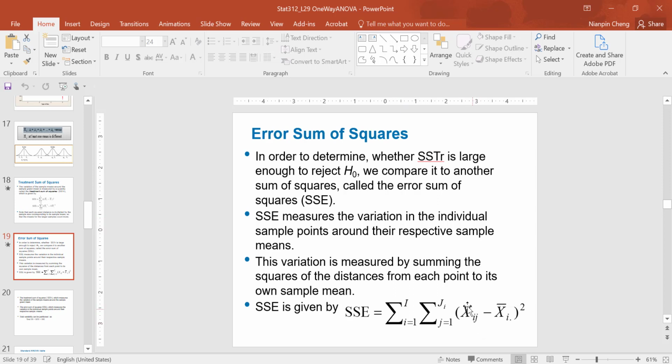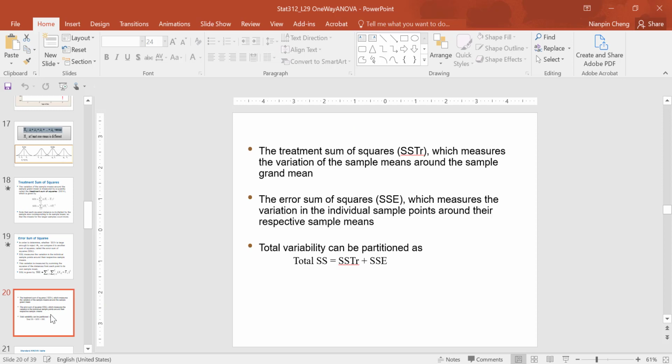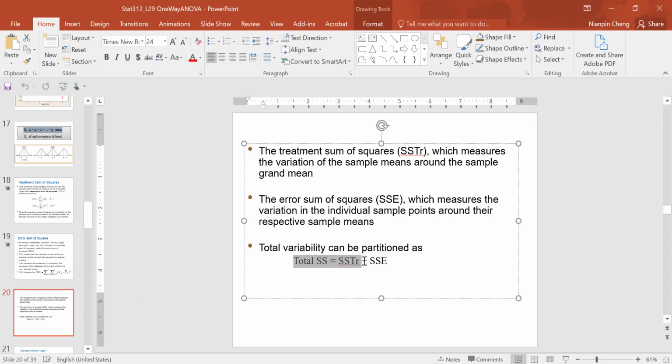The error part is each individual value compared with its own treatment mean. Add together, that's the overall variability among these data. So one part is the variation from treatment, another part is the variation from the error part. Anything not from the treatment, we consider as the error part.